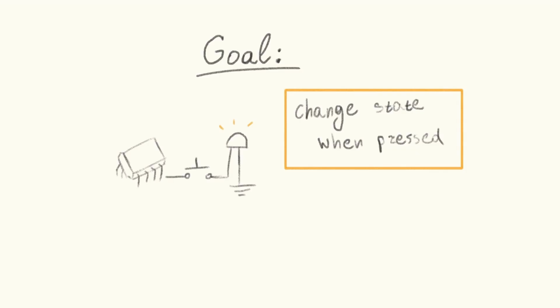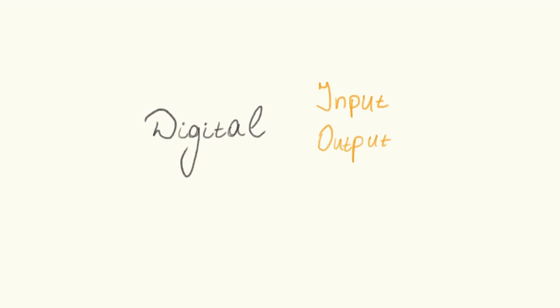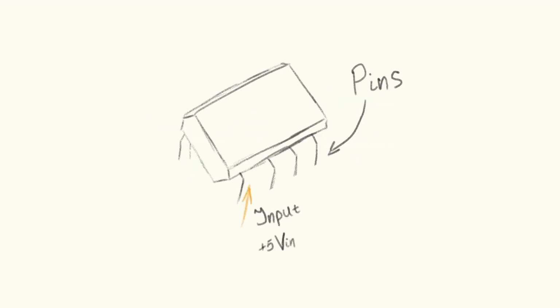So how can we do this? If you remember our previous videos, we talked about digital inputs and digital outputs. So essentially what this means is that our microcontroller's legs, they're called pins, and these pins can be either input or output. So if this leg is configured as input, we will actually say this in our code, to make this leg input or output.